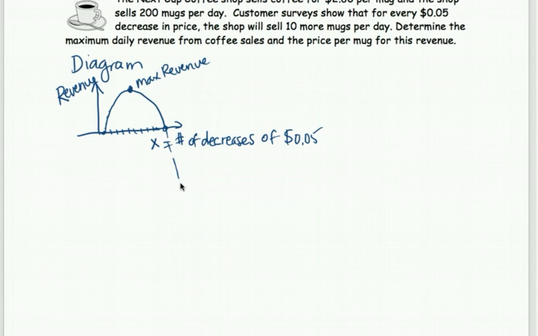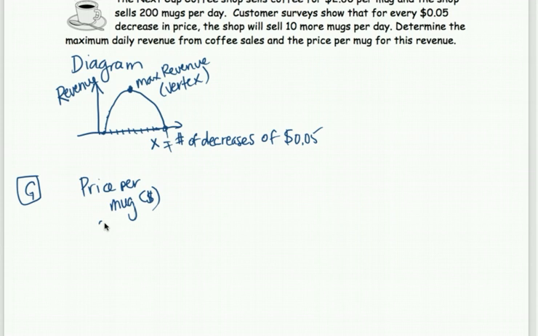We don't have an equation here to work from in order to find that max value at the vertex. So let's write down the info that we have. What's given here? We know that the price per mug is $2.60.